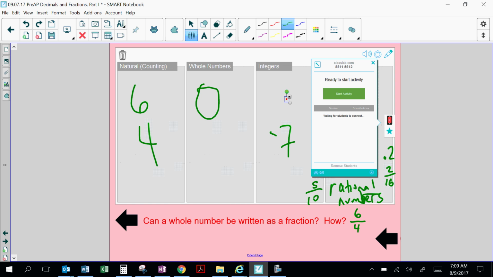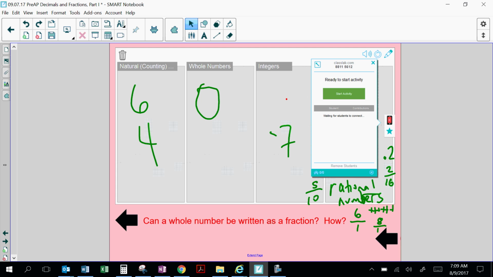Or would that change the value? How can I rewrite 6 in fraction form without changing the value of 6? 1. I have 6 pieces, or 6 positives, and I want to divide them into one group. So this stays 6, so 6 divided by 1. So the denominator is 1. So I can rewrite whole numbers and counting numbers as a fraction. For example, 8 over 1.